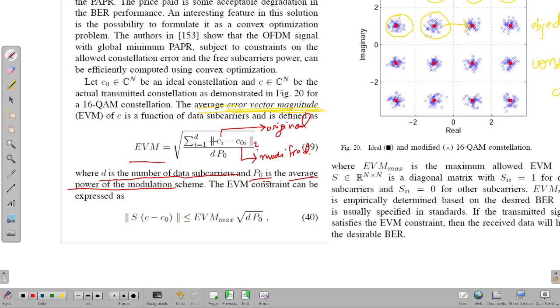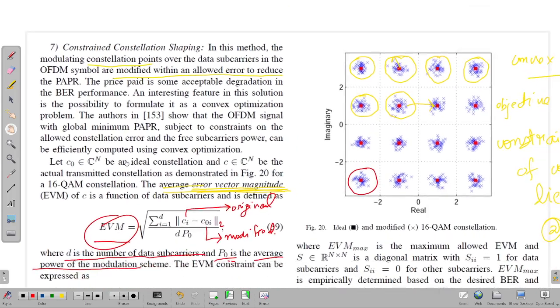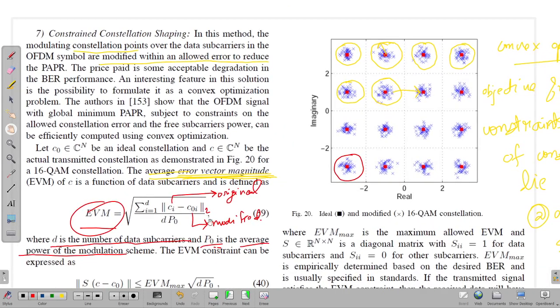You take the distance between the ideal and the modified constellation, sum over i equal to 1 to d, divide it by d p naught, and the square root of this quantity will give you the error vector magnitude, EVM. This is how you calculate EVM, and the constraint is that this radius should lie within the error vector magnitude. So that is the idea of constrained constellation shaping.